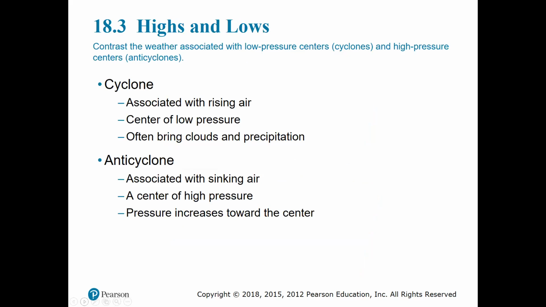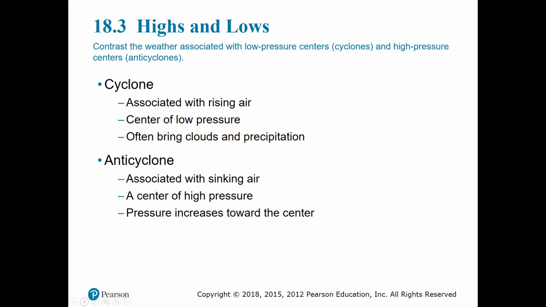So now we're going to look at these areas of high pressure and low pressure that we've been talking about a little bit. When we look at a weather map, and you'll do this in your assignment, we're going to look at the high pressure systems and low pressure systems. Low pressure systems are referred to as cyclones, and high pressure centers are referred to as anti-cyclones.